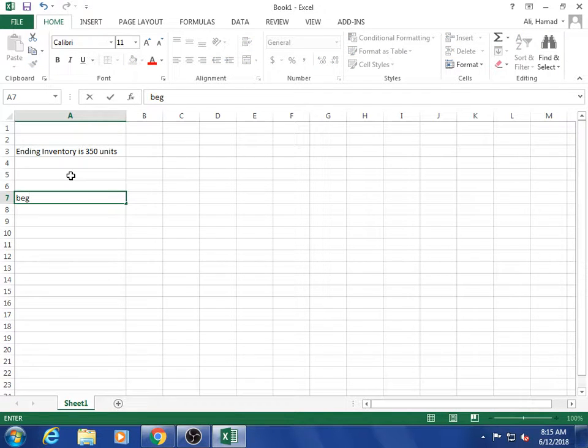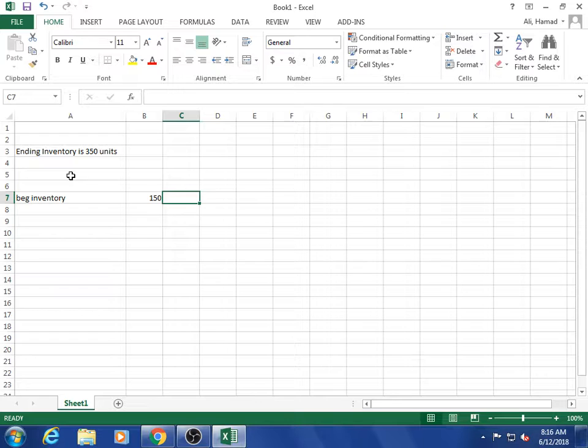Beginning inventory is 150 units at $30 per unit.